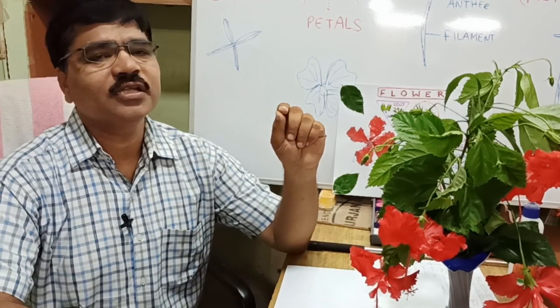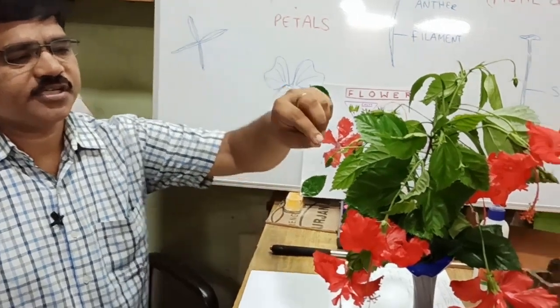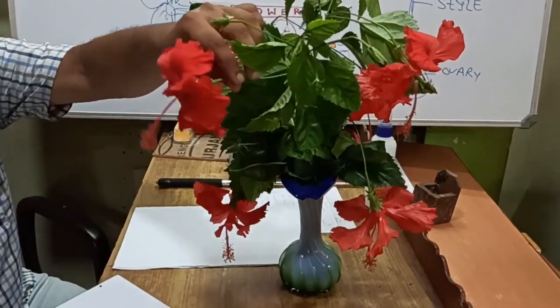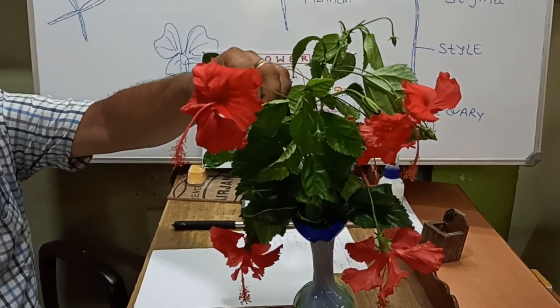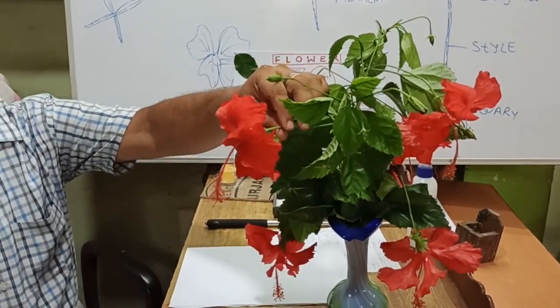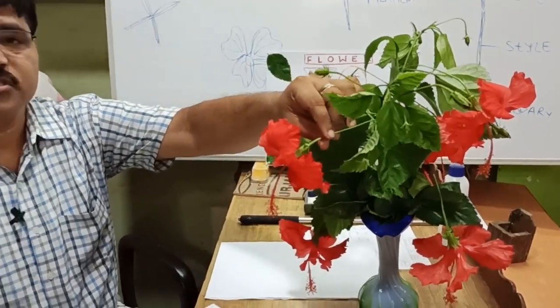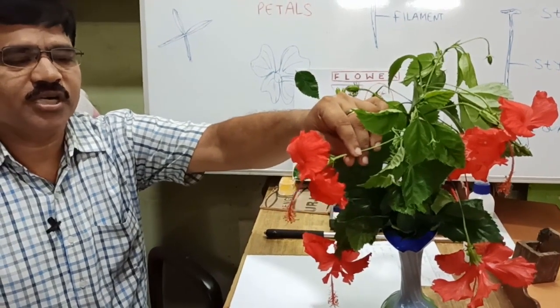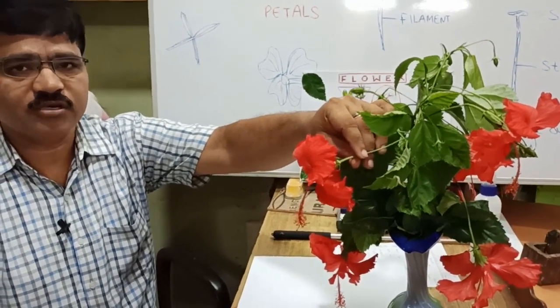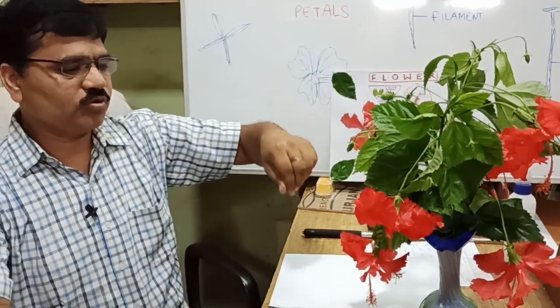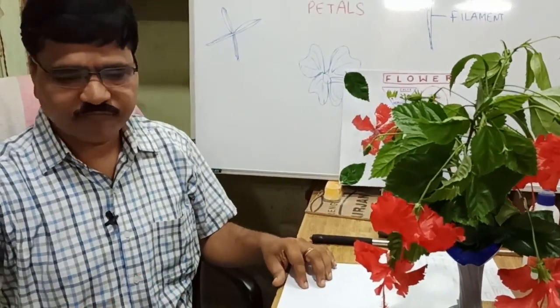So I am taking the example of a hibiscus plant. This flower, you can see, you are familiar with. This is hibiscus. It is called China rose, or in Odia it is also called Mandara Phula. So I am going to cut a flower.